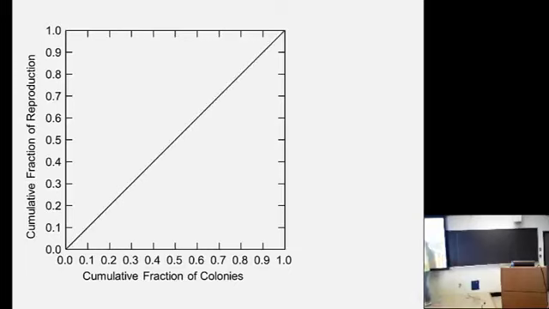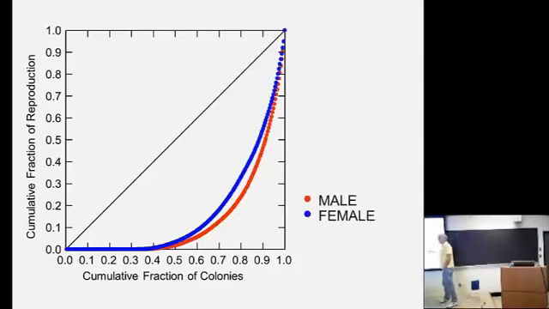So if everybody's dividing reproduction equally, 50% of the colonies will make 50% of the reproduction. For the harvester ants, reproduction through male and female function is substantially different from equal.